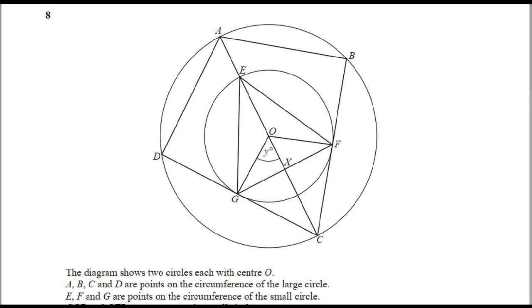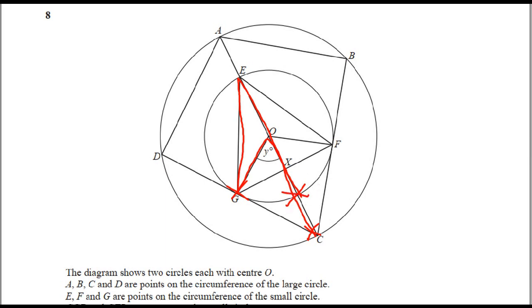Okay, now what do we know? We know that angle at the center is twice the angle at the circumference. So this is the angle at the center, and from these two same points we have another angle at the circumference.